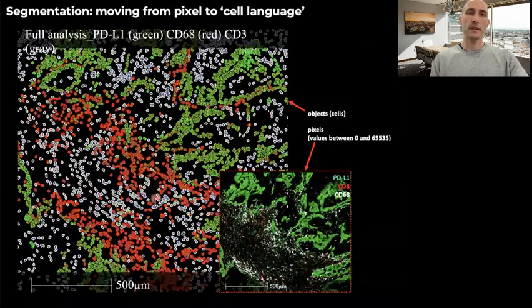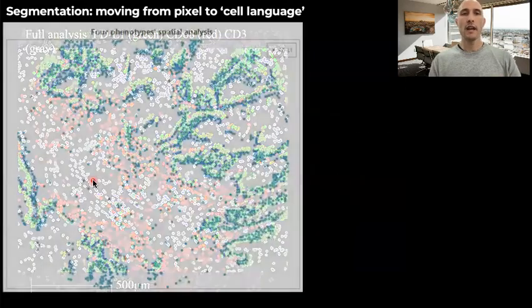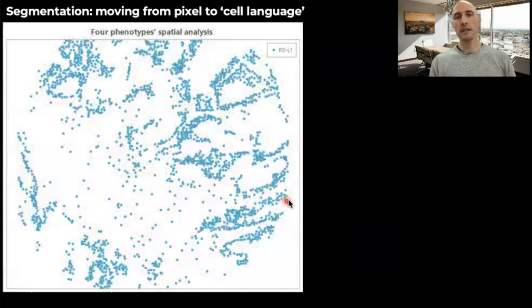So remember, the first step before going into data analysis is to segment your cells, meaning to transform your cells from pixels to objects or cells. This is what you have to do. And then you have as many downstream analysis options as scientific questions you have. You can do as we did here, which is called proximity analysis.